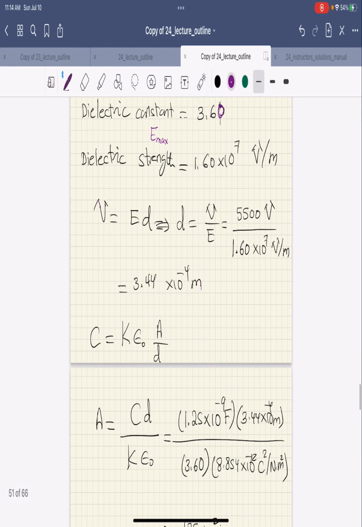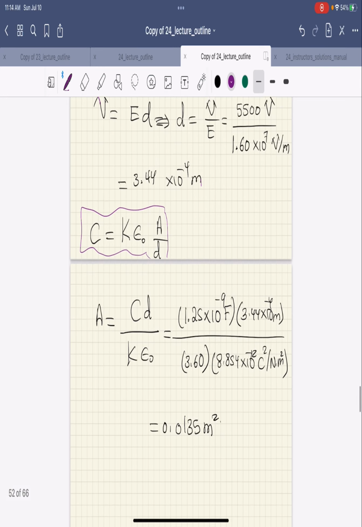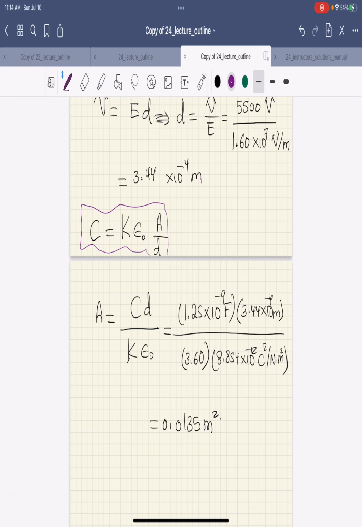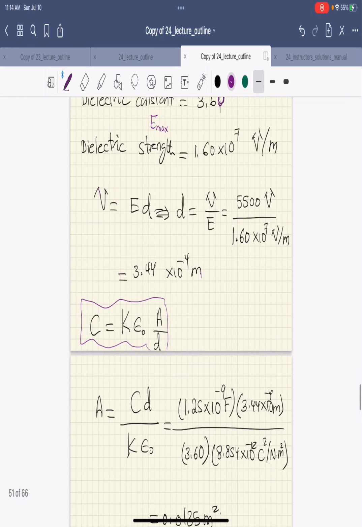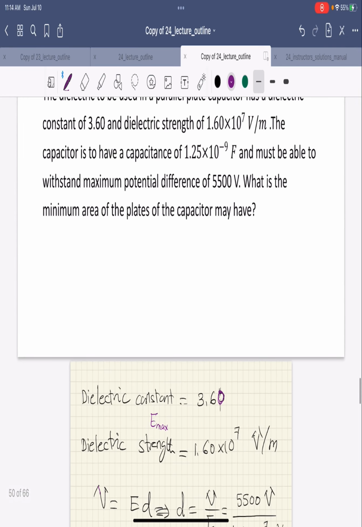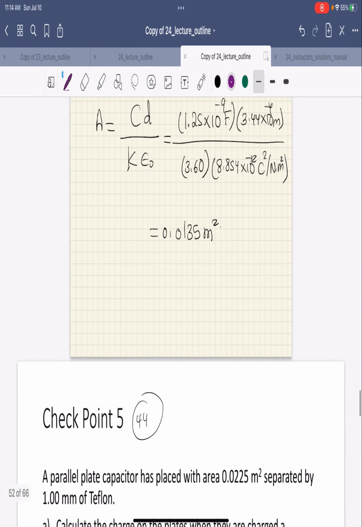The capacitance, now that I have a dielectric, is K epsilon 0 A over D, and therefore I can calculate A as C D divided by kappa epsilon 0. We call it kappa most of the time, this constant. And then I calculated that area, which is the minimum area the question is asking about.